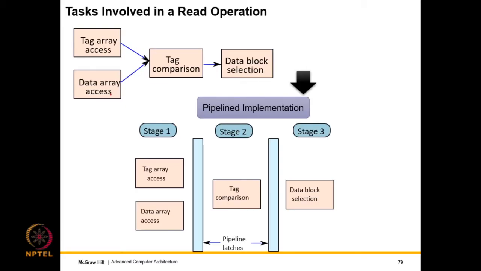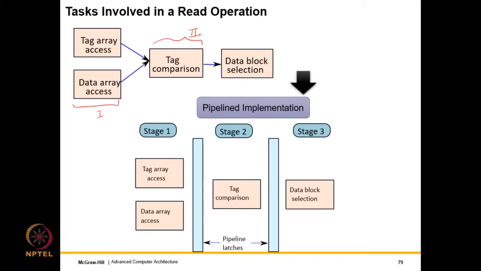So this is, of course, the first part. Let us call it stage 1. Then stage 2 is when we compare the tags. The comparison is also a slow process, because in comparing, we basically take two tags and subtract one from the other. That is one way of comparing.